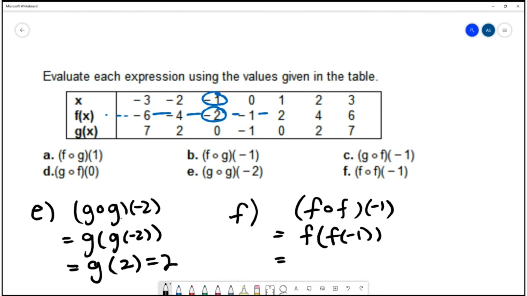So f of -1 is -2. And f of -2 is going to be right here, -4. And so we've got our answer. F composed with f of -1 is -4.